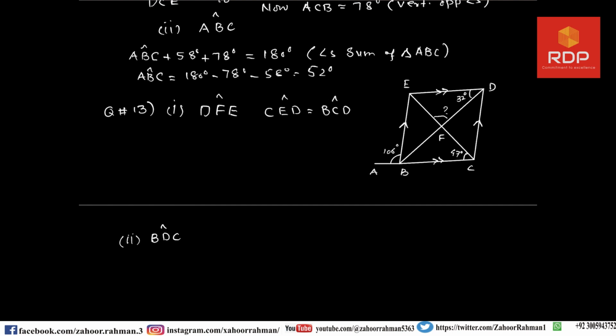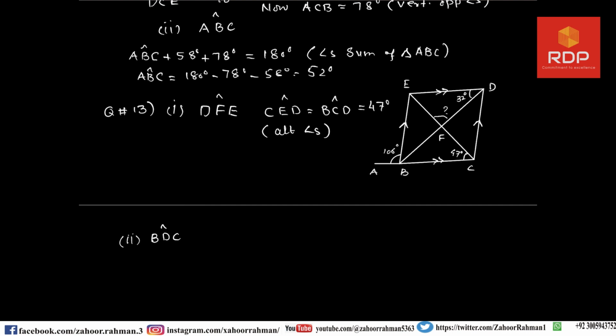BCD angle is equal to 47 degrees due to the alternate angles theorem of a triangle.